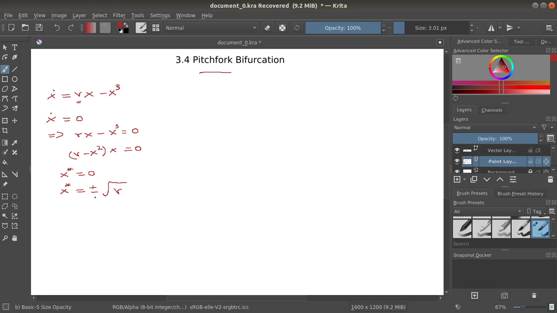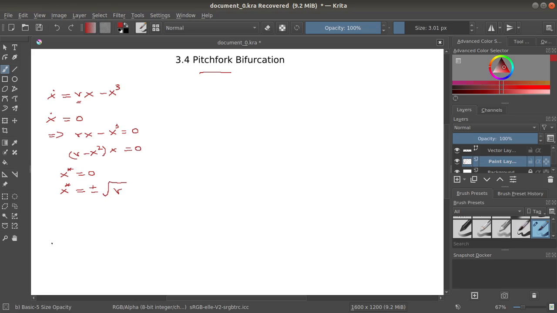Therefore we have one solution when r is negative, and three solutions when r is positive: one is this, and the other two are these. Fine, so we identified the character of the pitchfork bifurcation and its fixed points.